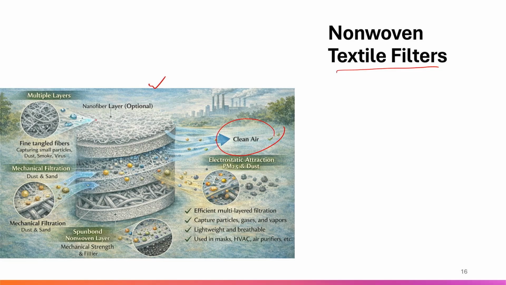So, a nanofiber layer we can use to arrest the fine particles, and mechanical filtration, the coarse filter, will arrest the dust and sand. So, multiple layers we can use here.